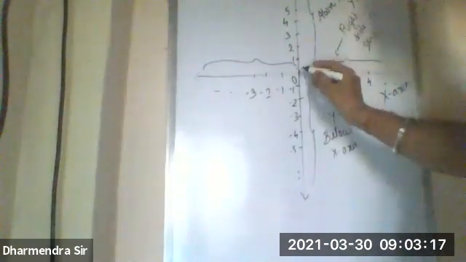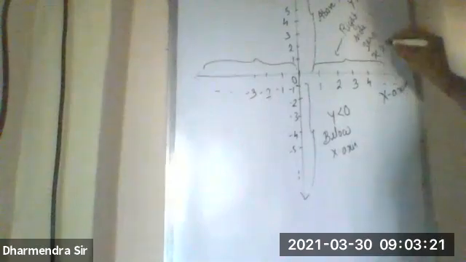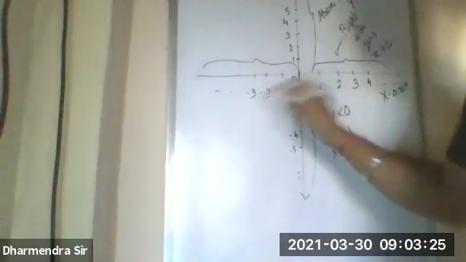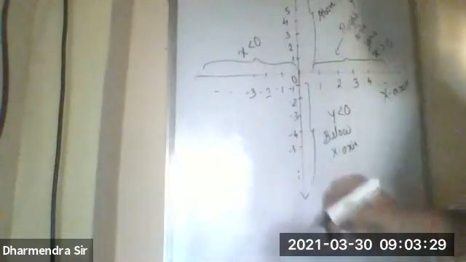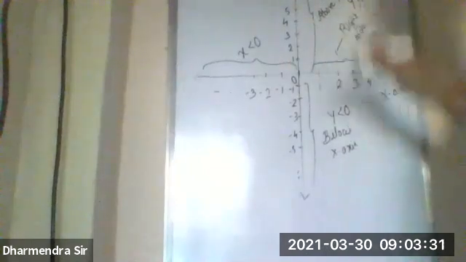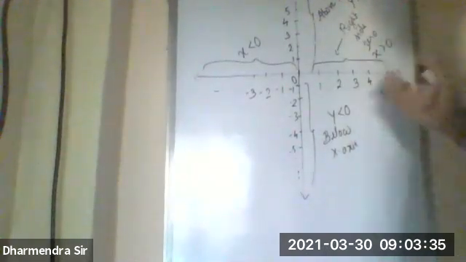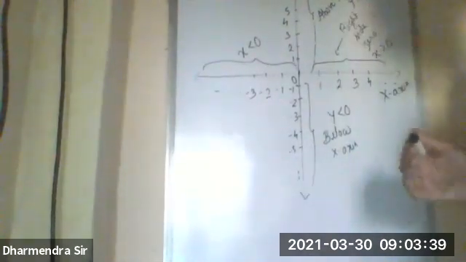On the right hand side of 0, we are having all those values of x which are greater than 0. And on the left hand side of this origin, we are having all those values of x which are less than 0. Okay. So this we have seen as the x-axis and y-axis.